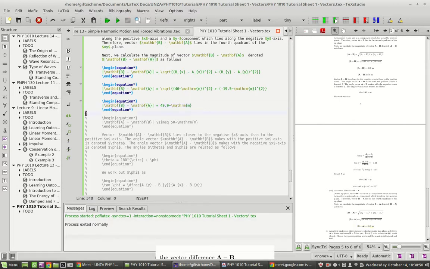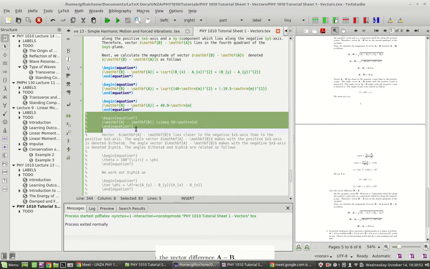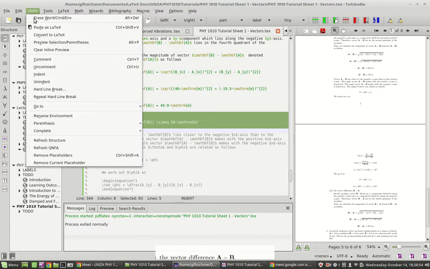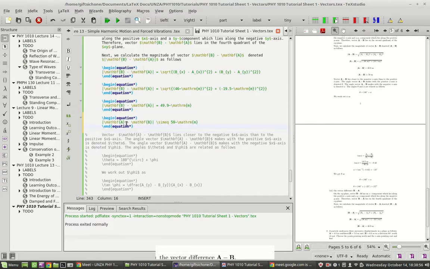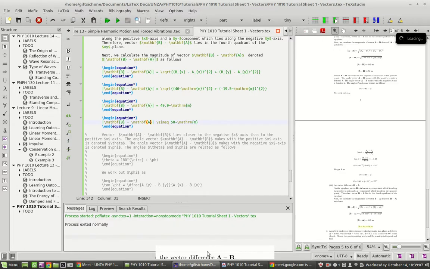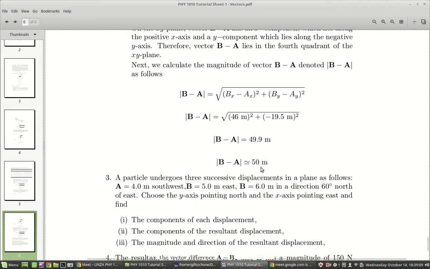And that 49.9 meters is approximately equal to 50.